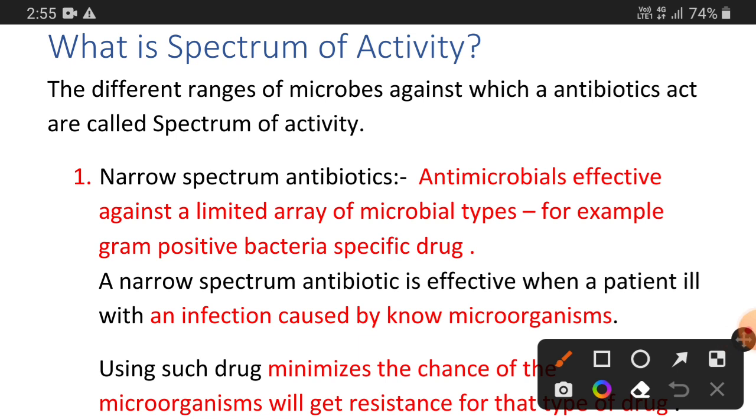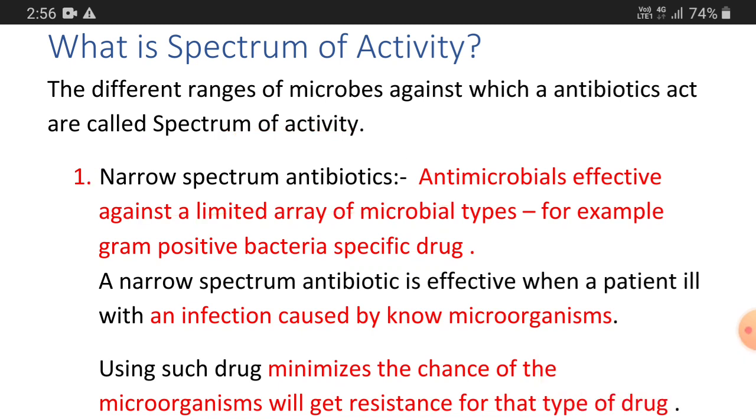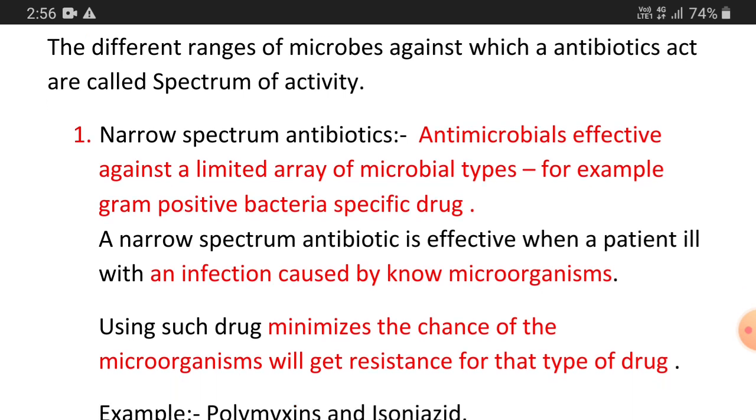As a result, the cell wall of Mycobacterium tuberculosis cannot form. So it is specifically for Mycobacterium, right? So it can be an example of a narrow spectrum antibiotic, because the cell walls of other bacteria are not made up of lipid, right? They are mainly made up of peptidoglycans. So that is the idea.